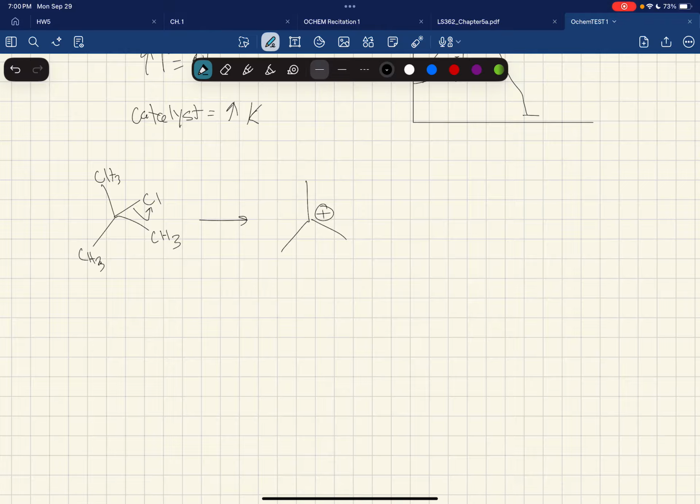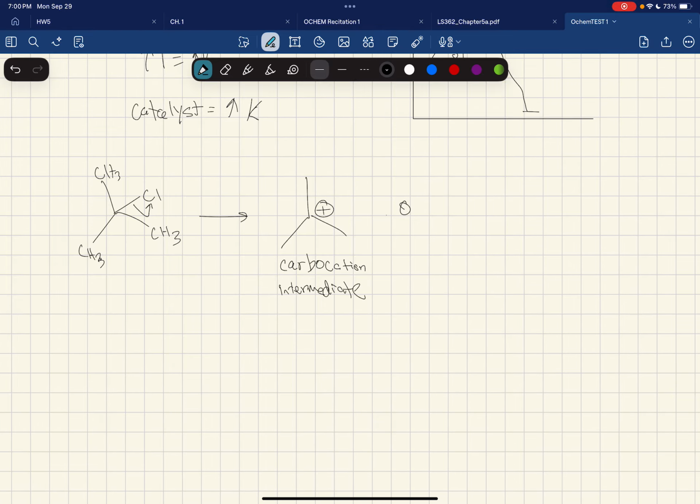because the rate is dependent on the chlorine leaving this carbon group, this organic group, and it forms a carbocation intermediate that is always formed in an SN1. And then you're going to have the nucleophile come in at this step and attack the carbocation intermediate, and then that's going to form this.